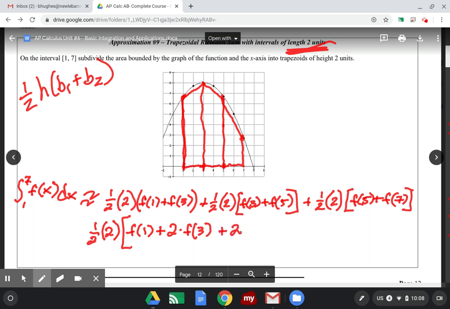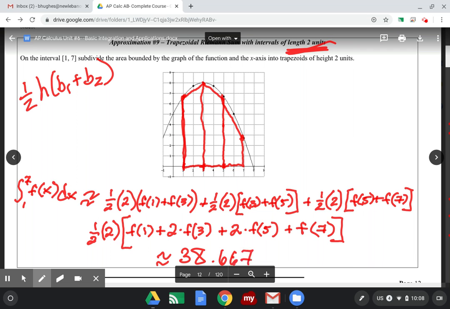Same is true with f of 5. It shows up as the base of 2 different trapezoids. And then f of 7 only shows up as the base of a trapezoid once. So our area in this case is approximately 38.667.